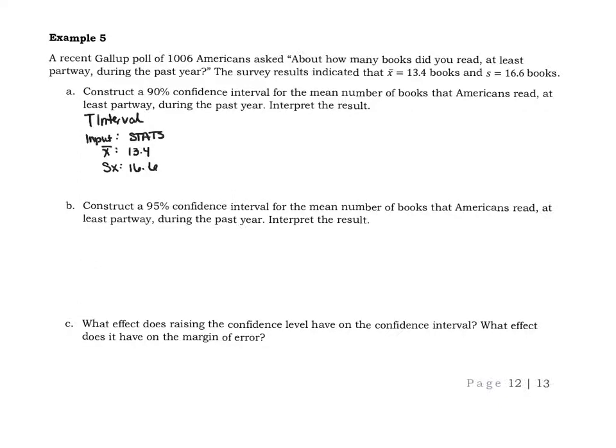N is the sample size, so the 1,006. And that confidence level of 90%. Go ahead and calculate. And again, rounding, let's go to one decimal place. I'm getting 12.5 on the low end and 14.3 on the upper end.